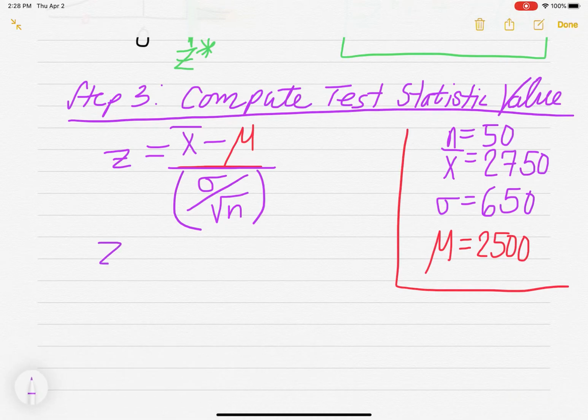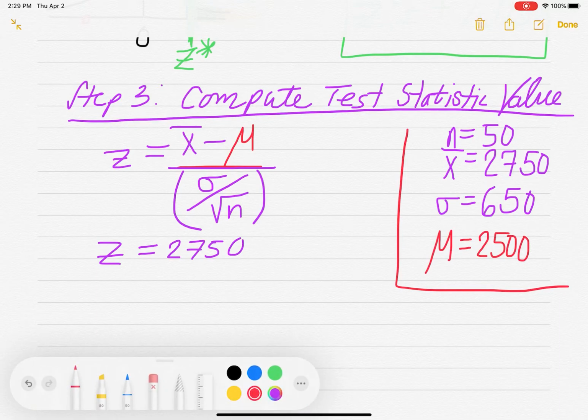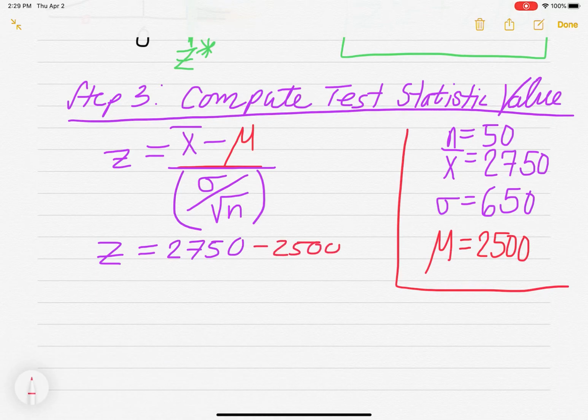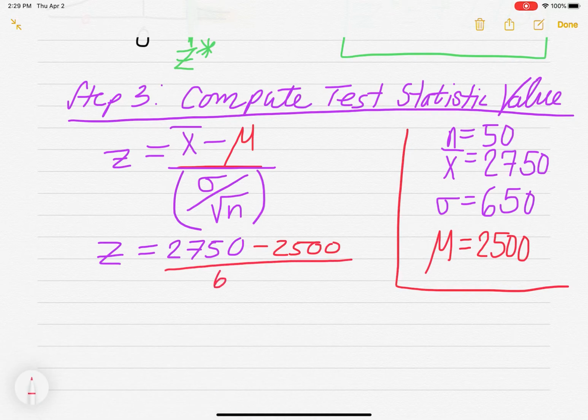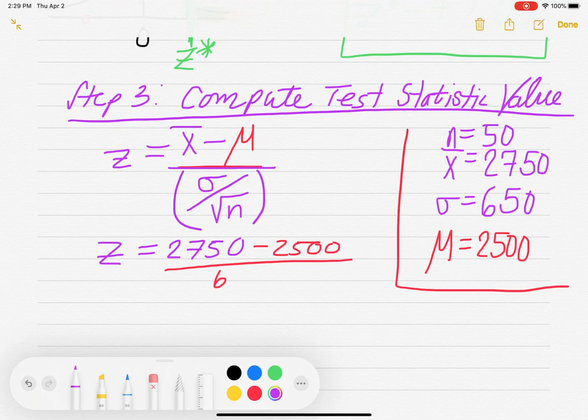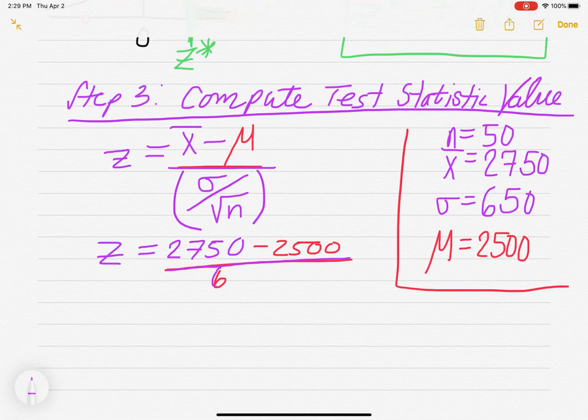So we'll plug these numbers in and calculate our z-score, our test statistic value. We have 2,750 minus 2,500, divided by sigma 650, divided by square root 50. On top we're going to have 250 when you subtract.